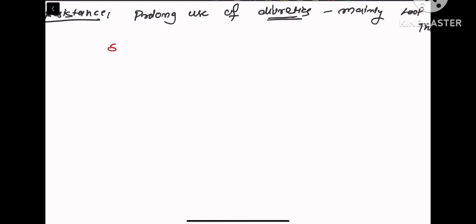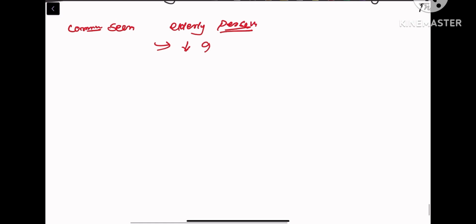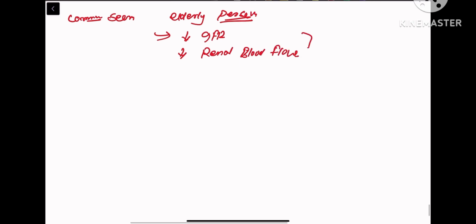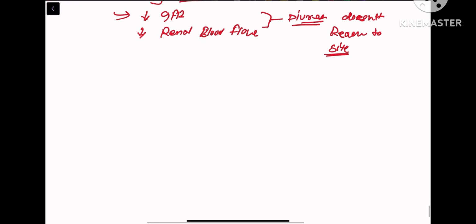and commonly this is seen in elderly persons or patients because they have a reduced GFR and reduced renal blood flow, so the diuretics don't reach the site where they have to act.